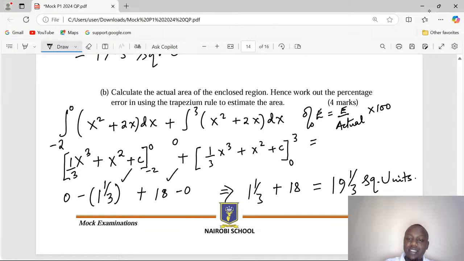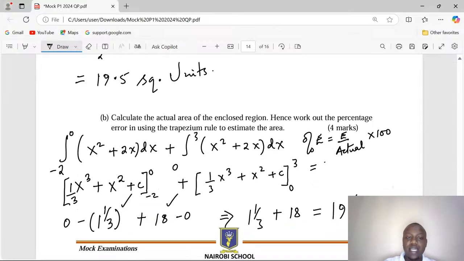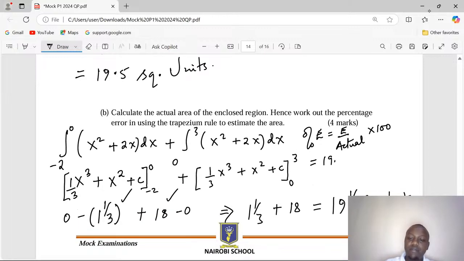So the error is the difference between the two areas, 19.5 and 19 and a third. That will be the error divided by actual 19 and a third. Then everything should be multiplied by 100.